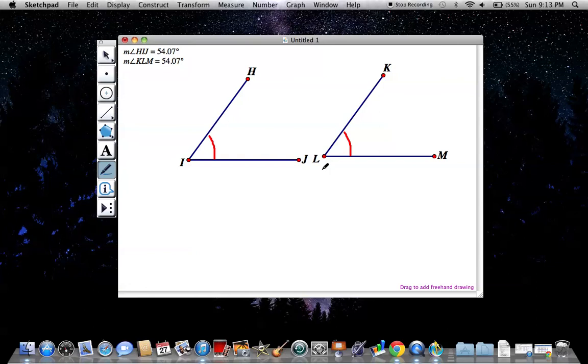Lastly, we have an angle bisector. All an angle bisector is, is that it splits the angle in half.